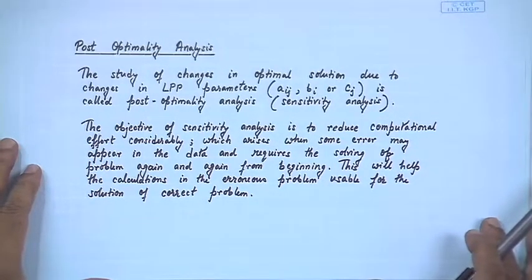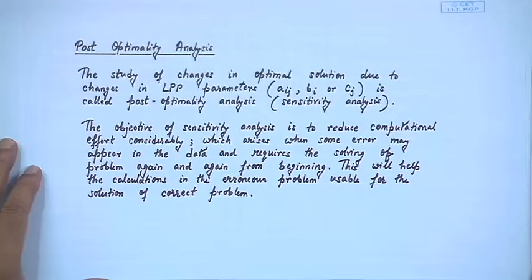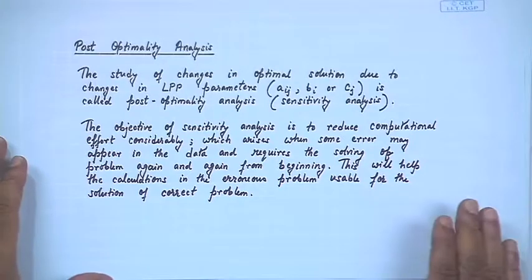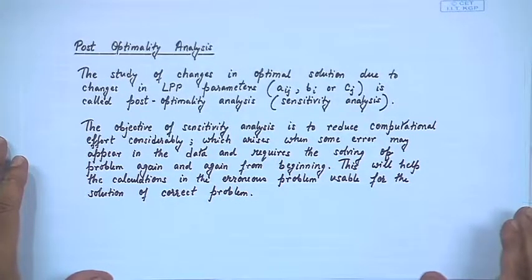So, basically sometimes you have a problem, but you have to change the parameters and run it again, and whenever we are running it, computationally it takes a lot of time.